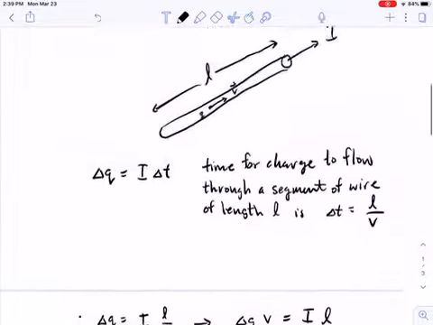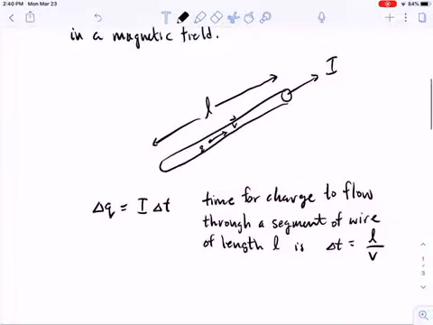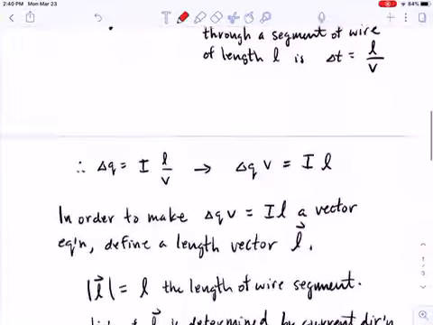Okay, so I mean that's going to be convenient because if we have currents in thin wires, then it's kind of clear what direction the current is going to. It only can go one of two ways along a thin wire. And so that means this vector L is going to look like this. So it'll start at one end of our wire and it'll go to the other end, and its direction is along the direction of the current.